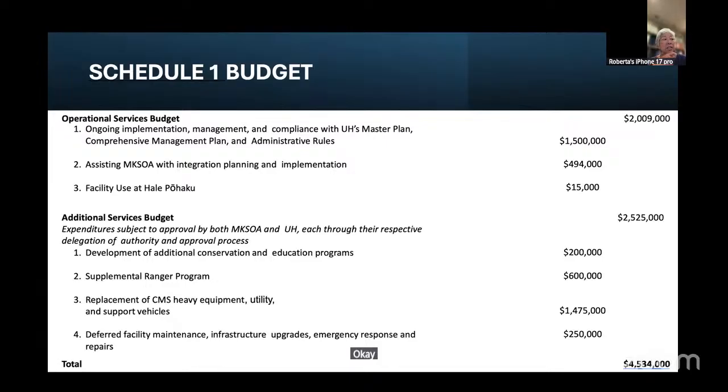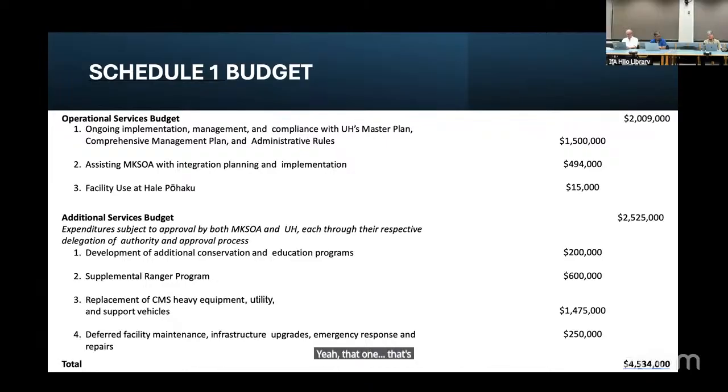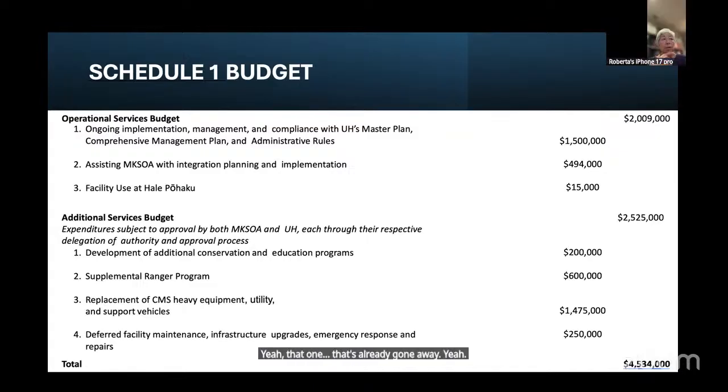Okay, but that's the RTRF money that's going away, right? Yeah, that's already gone away. And as far as UH Hilo, Bonnie's comfortable that her budget to provide to CMS is okay? It's not going to be further cut.